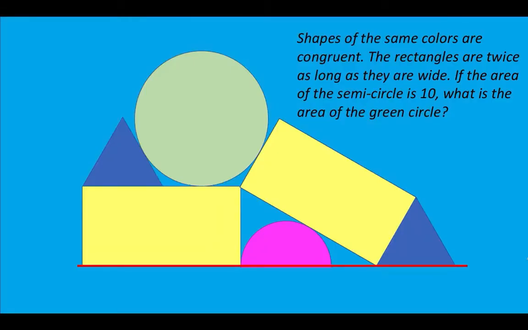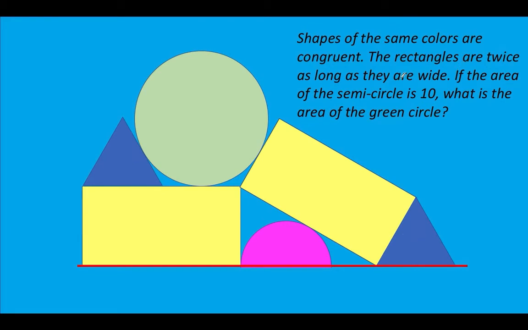Let's say we are given these different geometric figures composed of rectangle, triangle, a circle, and a semicircle. So in this figure, shapes of the same colors are congruent. That means this yellow rectangle is congruent to this other yellow rectangle. This equilateral triangle is congruent to this equilateral triangle.